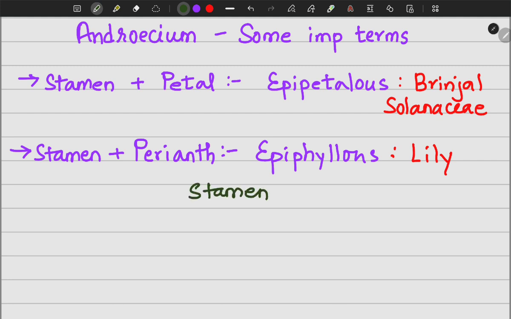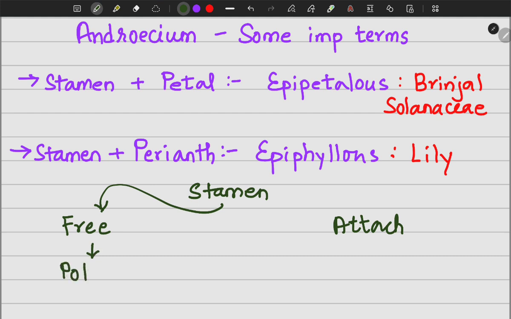Within a flower, the stamens can be free or they can be found attached to each other in the form of a bundle. So when the stamens are free, then it is called polyandrous. The condition is called polyandrous when the stamens are free within a flower.